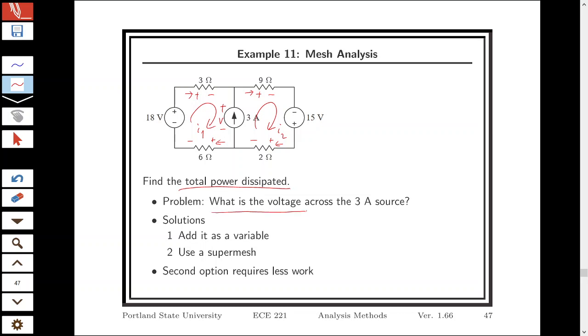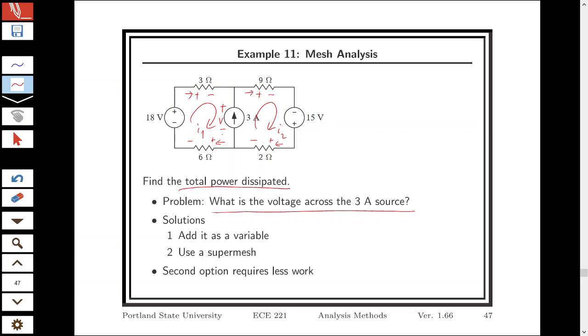What is the voltage across the 3 ampere source? All right, that's the question. So can we know the voltage across the 3 ampere source by some kind of law, like Ohm's law? The answer is no. There is no way to relate voltage to current on this current source.